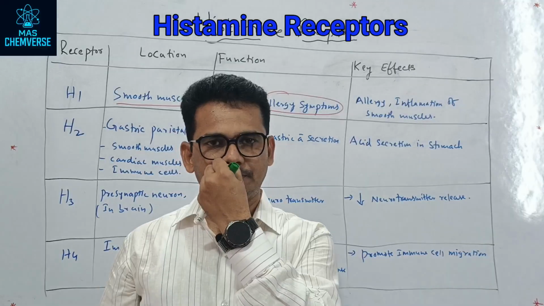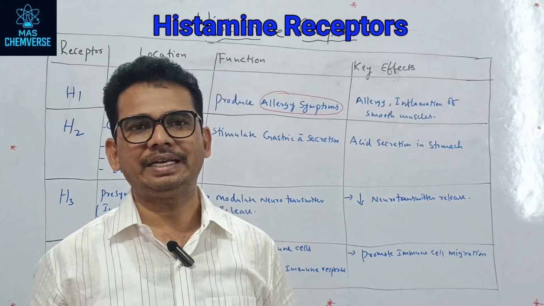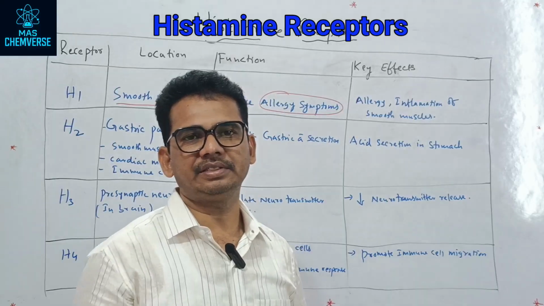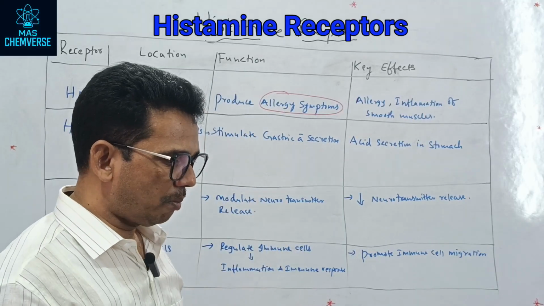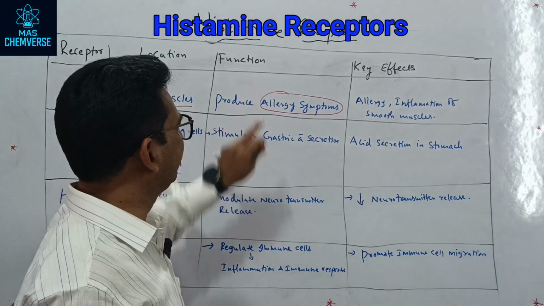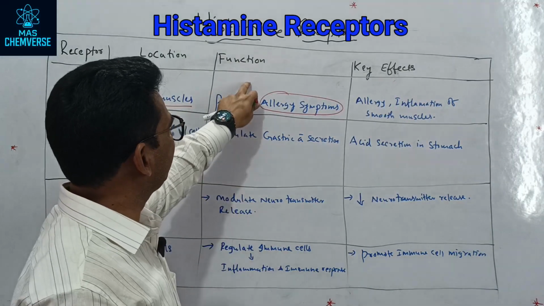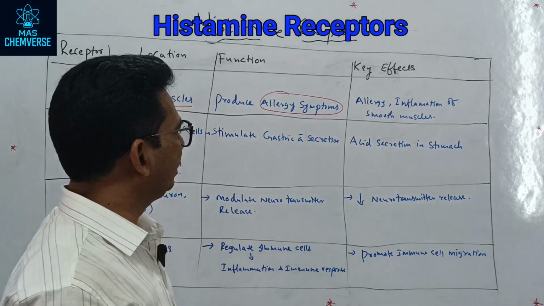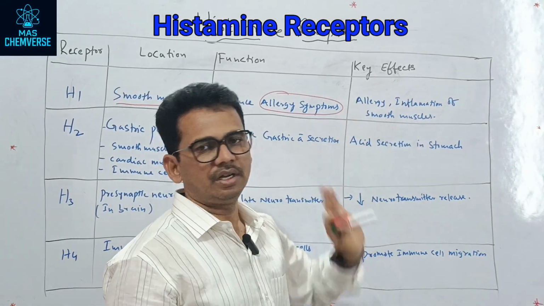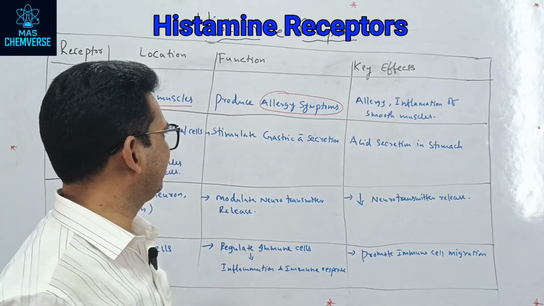Allergic symptoms means itching, inflammation, runny nose, sneezing, and different things that occur in our body. Then pain too, especially in the smooth muscles. The effects, as I already told, are allergy and inflammation, especially of the smooth muscles.